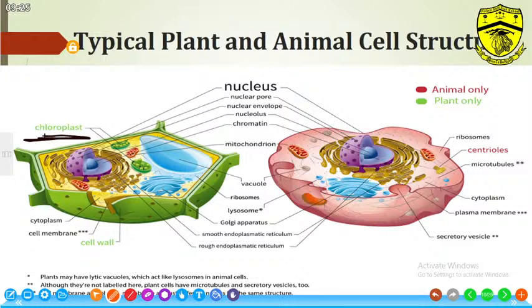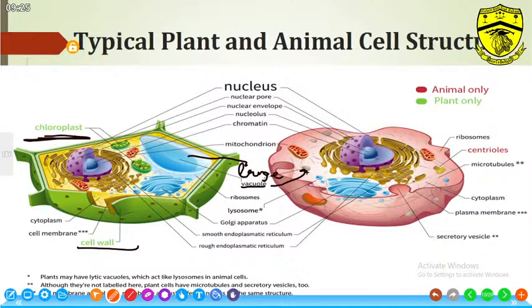The outermost layer of the plant cell is the cell wall. That is also present in plant cells. And next one, we observe the vacuole. That is the large one. Large vacuole is present in plant cells. Small vacuole is present in animal cells.